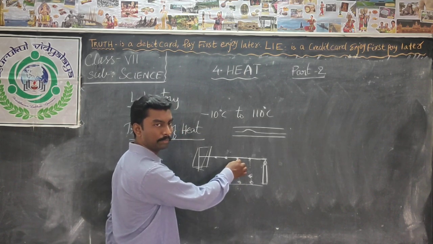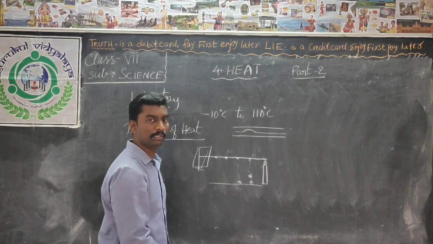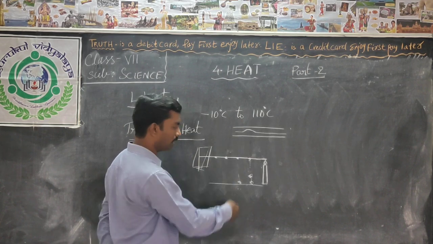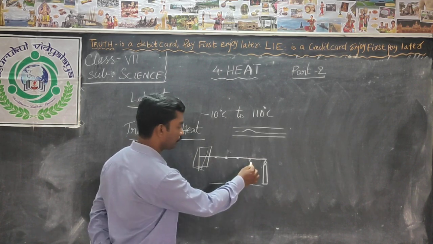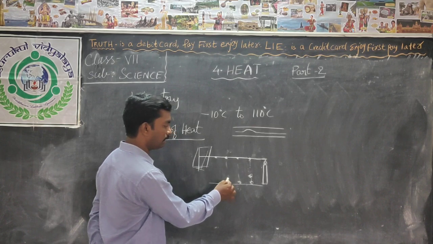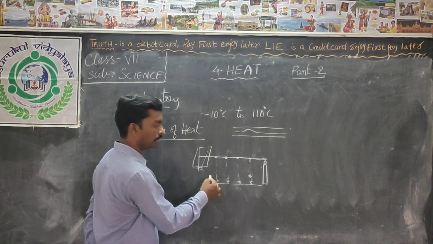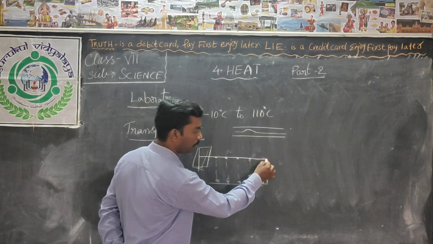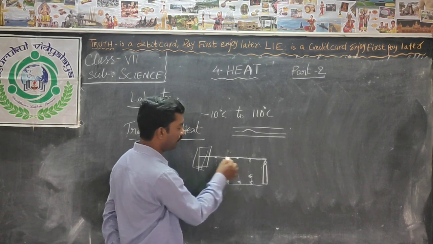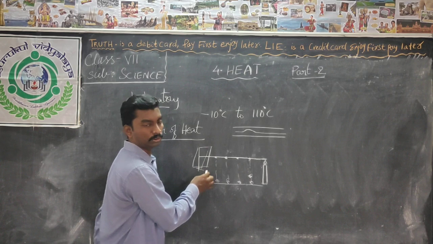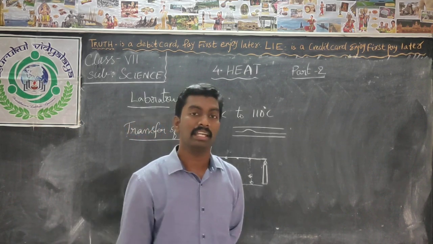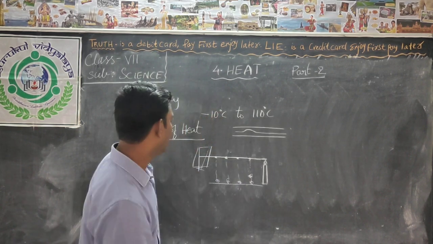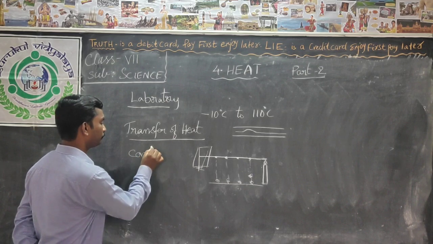That wax piece attached to the metal strip will melt and fall down on the floor, slowly one after another. This also is falling down. So what we are observing is that the heat is transferring from one end of the metal strip to the other end. This process is called conduction.